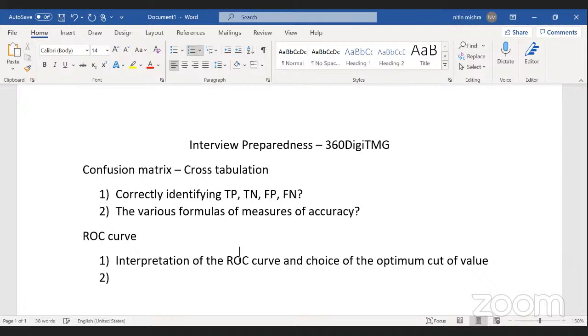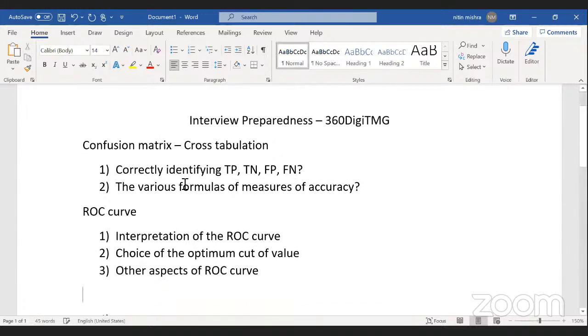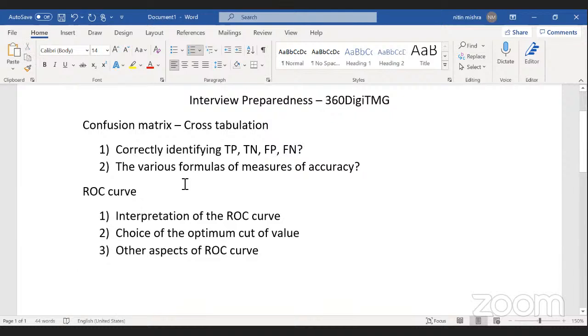These are the interpretation of the ROC curve, choice of the optimum cutoff value, and other aspects of the ROC curve. So let us first identify this.